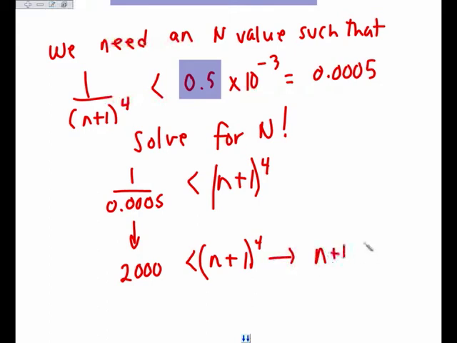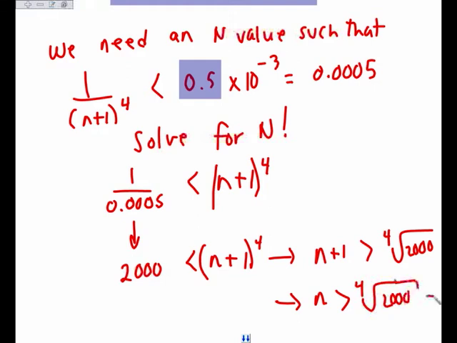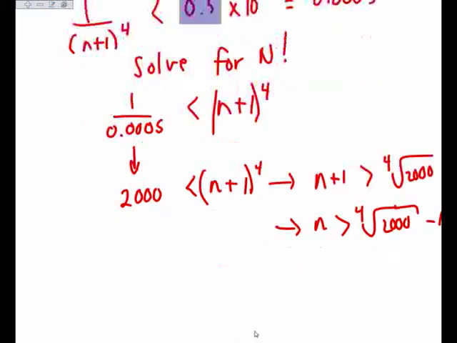And finally, we would say that n must be greater than the 4th root of 2,000 minus 1. Well, it just happens to be that this value right here is approximately 5.7.